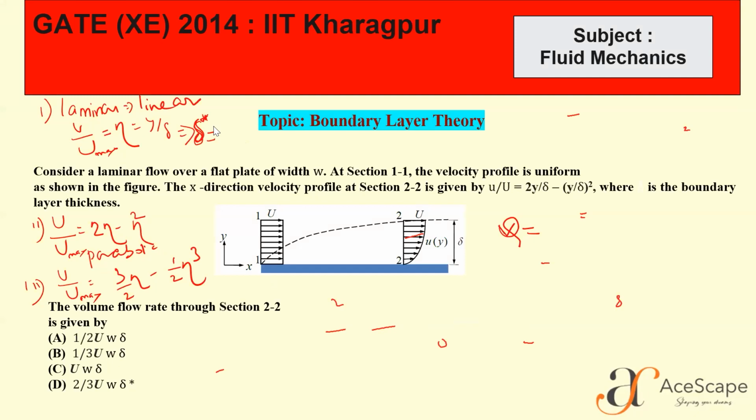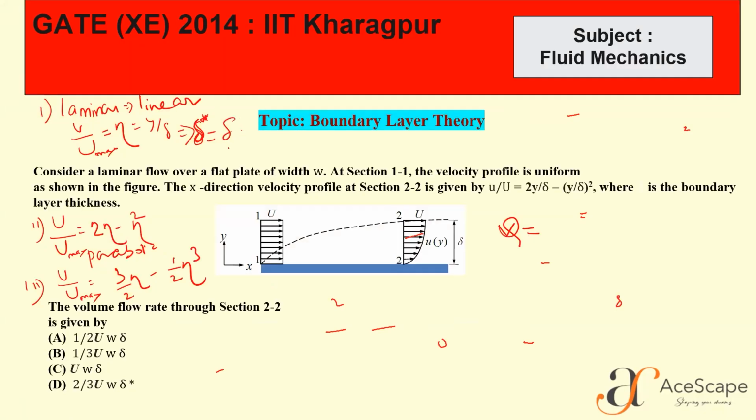Displacement thickness, good. So here the displacement thickness is given by del by 2 for the linear case, and for the parabolic case the displacement thickness del star is given by del by 3. And for the cubic case, it is nothing but 3 del by 8. So these are the basic laminar velocity profiles that are used in this kind of question.